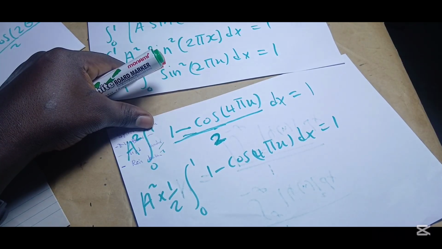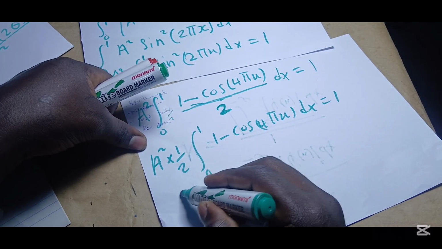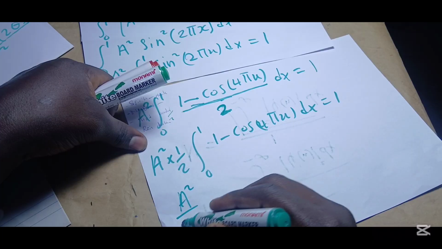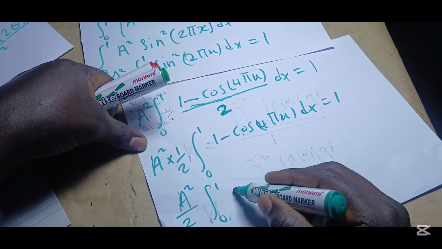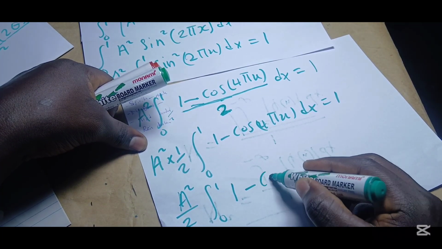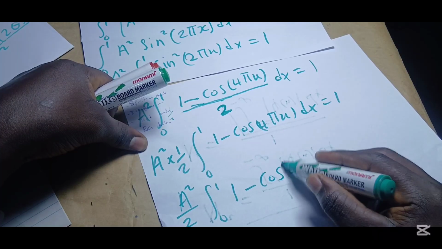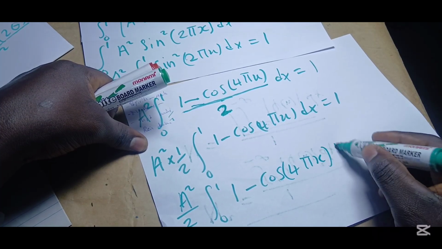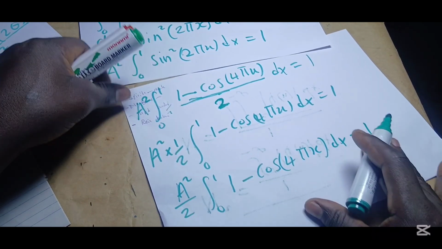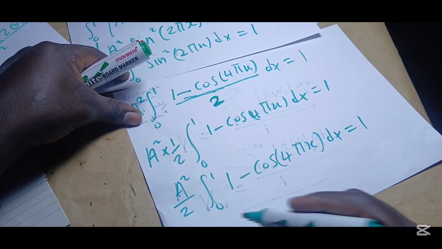So now we can simplify this as a squared over 2 integral from 0 to 1 of 1 minus cos 4 pi x dx equal 1. Now we want to integrate this.